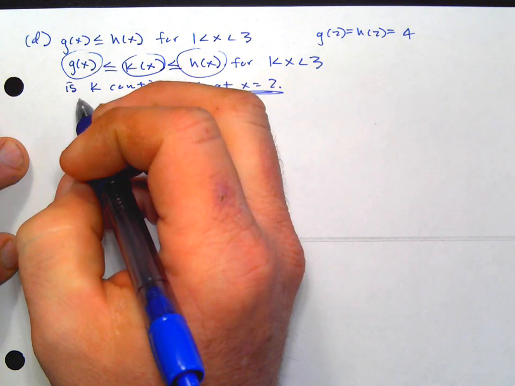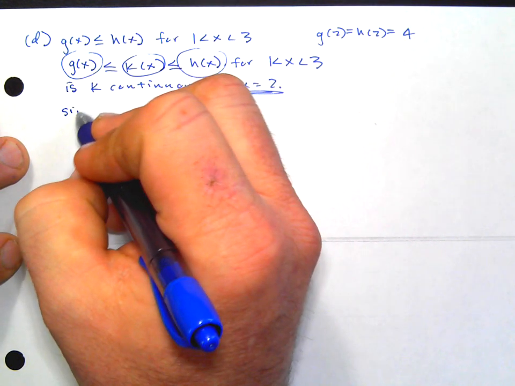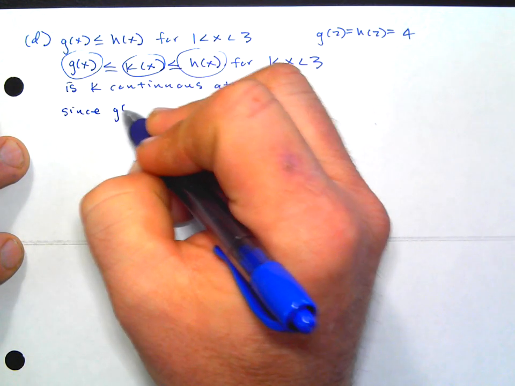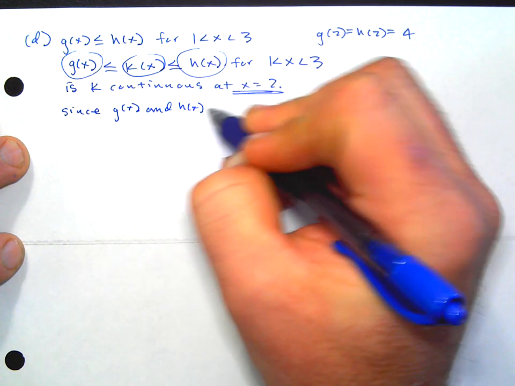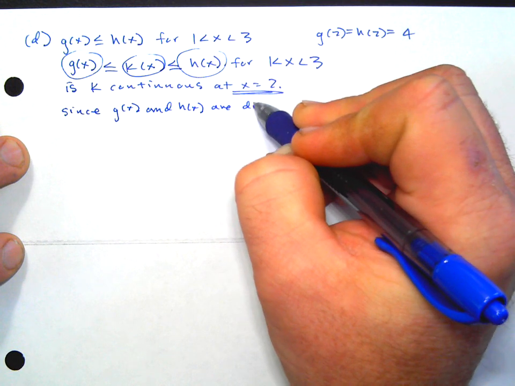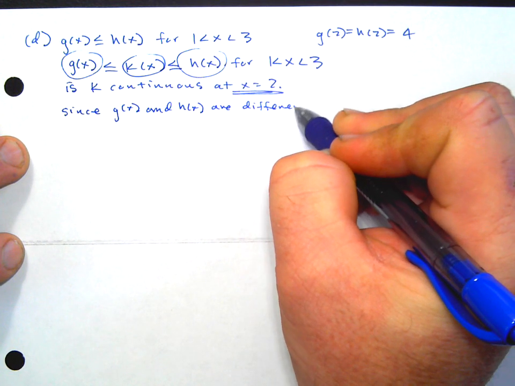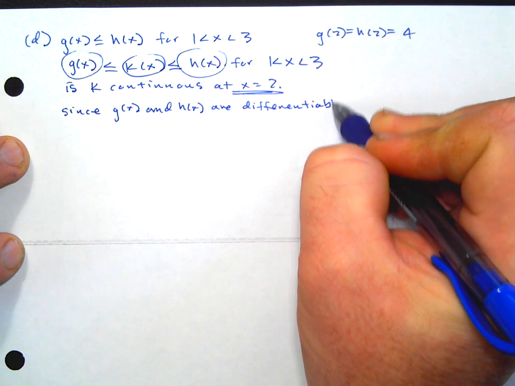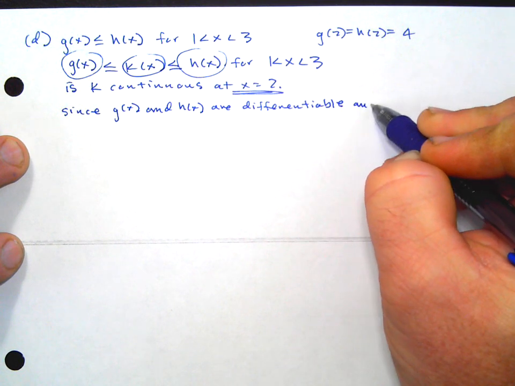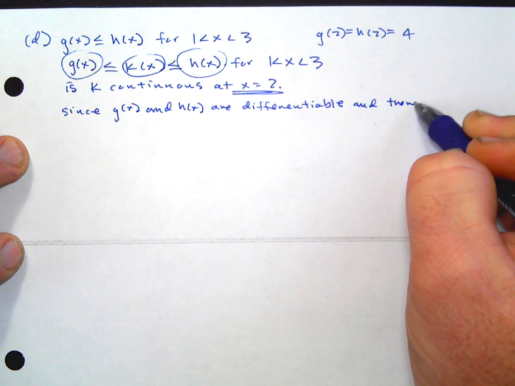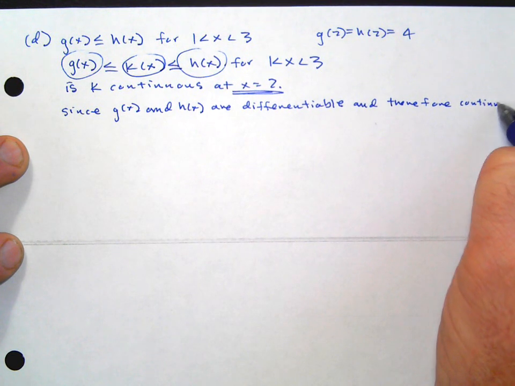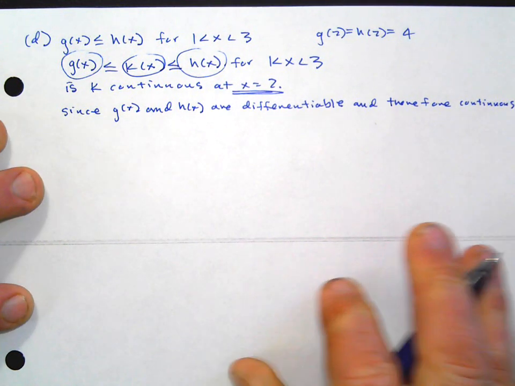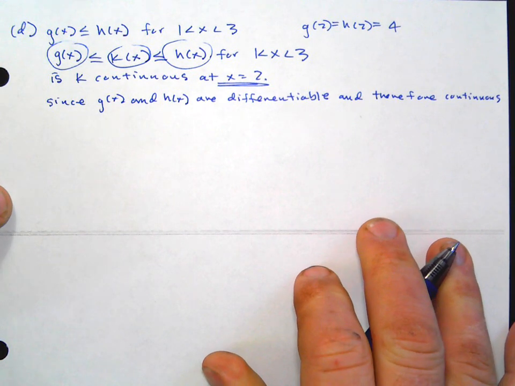So we're going to say, since g of x and h of x are differentiable, and therefore continuous themselves, right? Remember, they told us that they were twice differentiable.